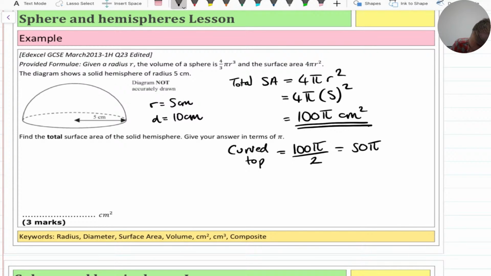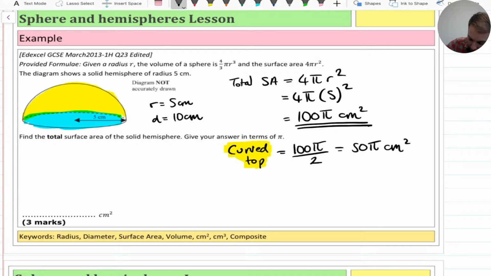So this here, I've just worked out the curved top part. I'll highlight that so you can see. So my curved top is 50 pi, the area of the curved top, but the bit that's missing is the circle on the bottom.